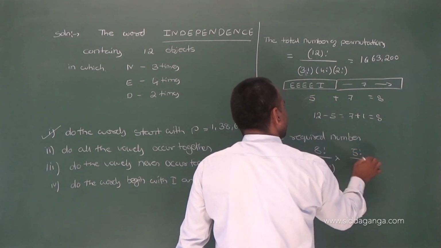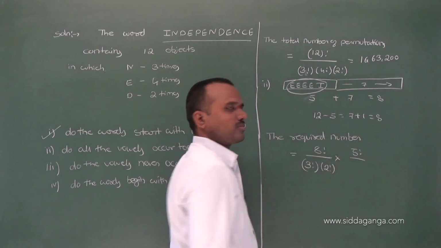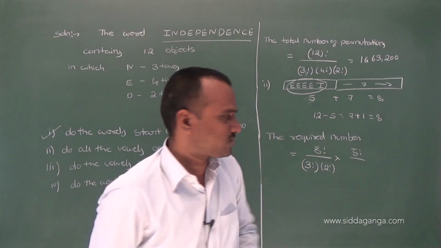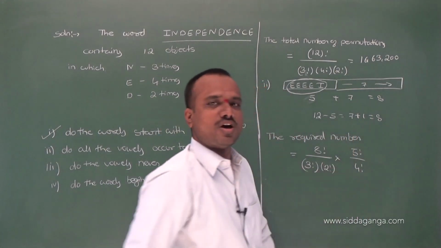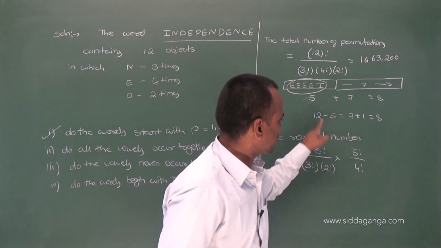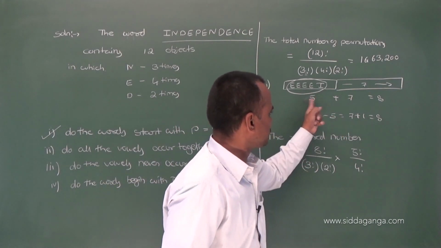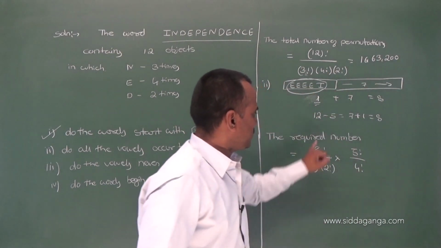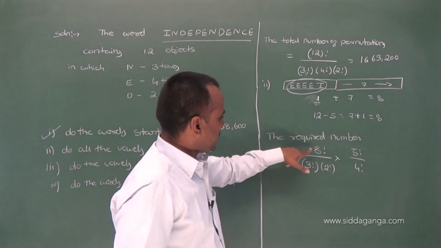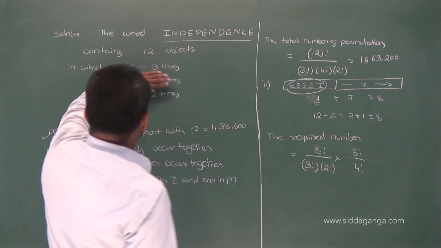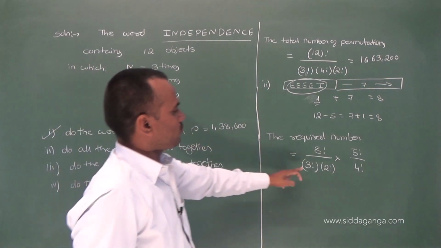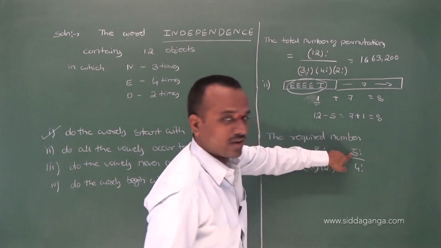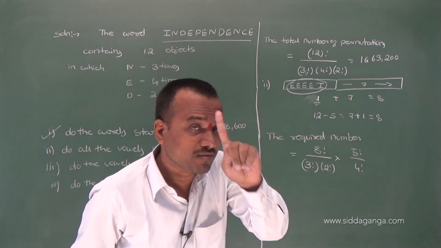That is 5 factorial. But E is repeated 4 times, so 4 factorial. In the 8 objects, N is repeated 3 times and D is repeated 2 times.